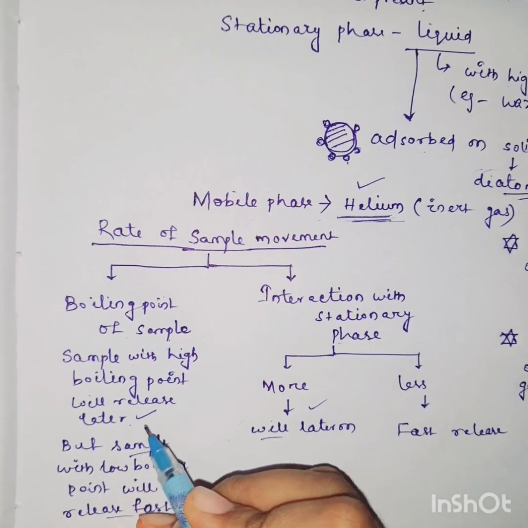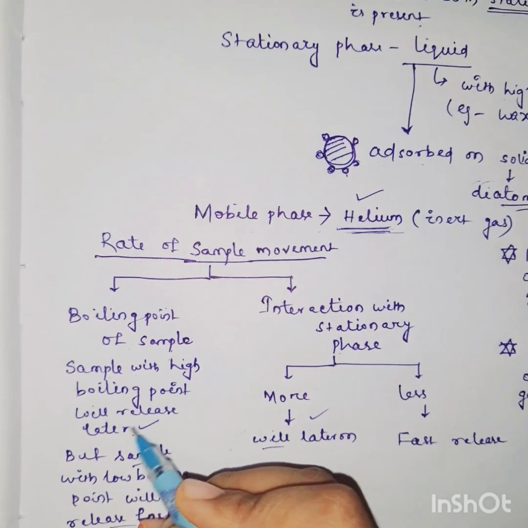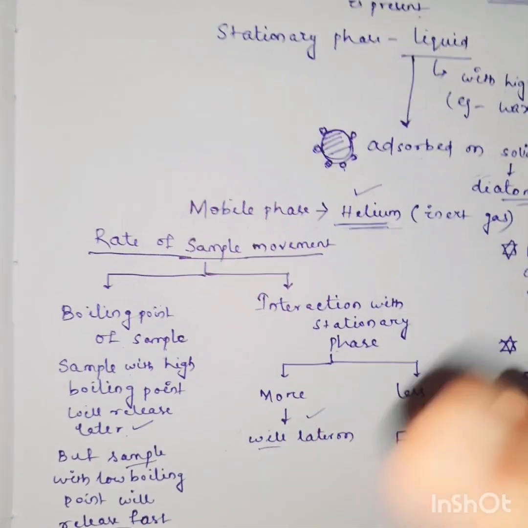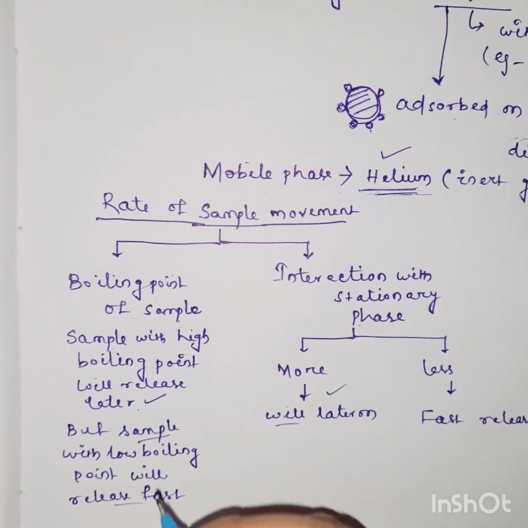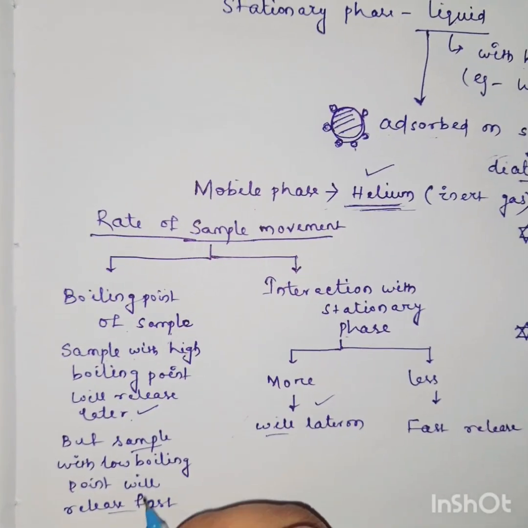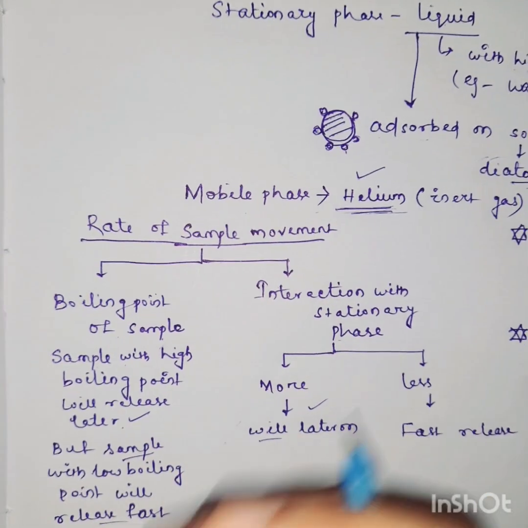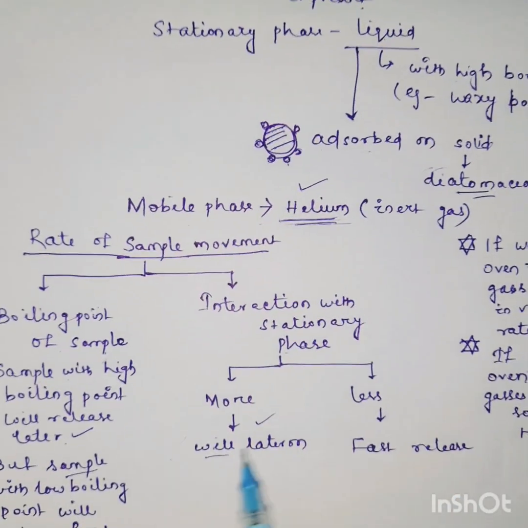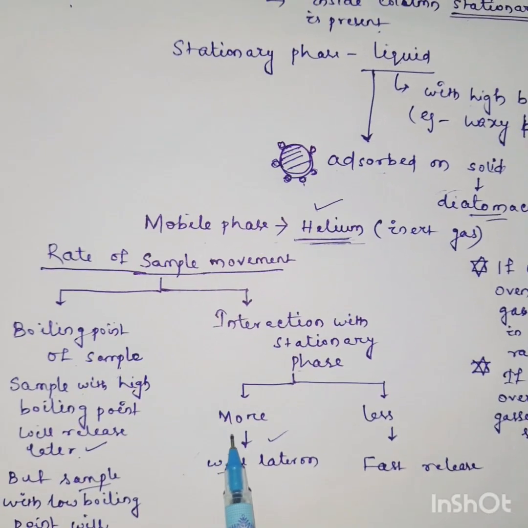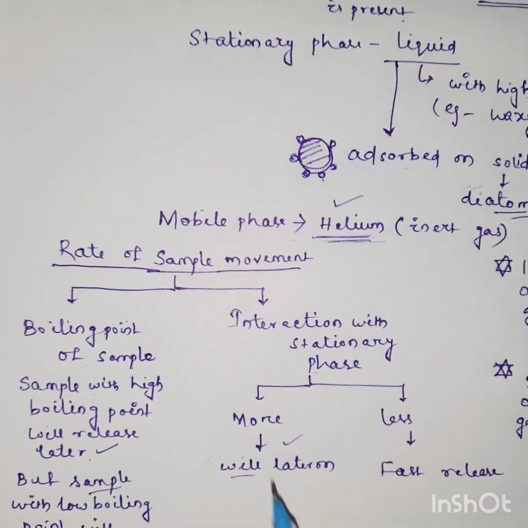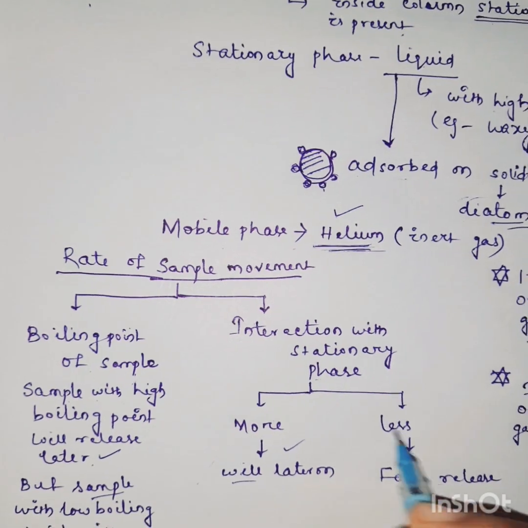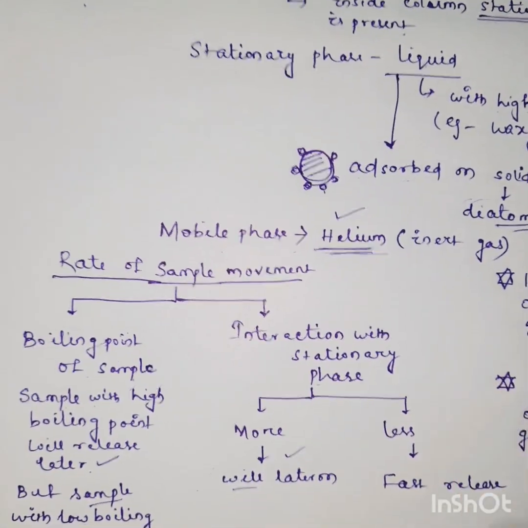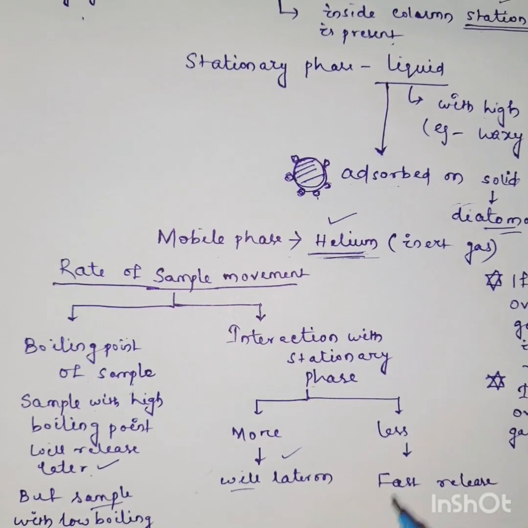So a sample with a high boiling point can interact more with the stationary phase, so it will be released slowly and later on, but a sample with a low boiling point can move at a faster rate and be released first. Then the interaction with the stationary phase: the gas or sample which interacts more with the stationary phase will be released later on, but the sample which interacts less with the stationary phase will be released fast.